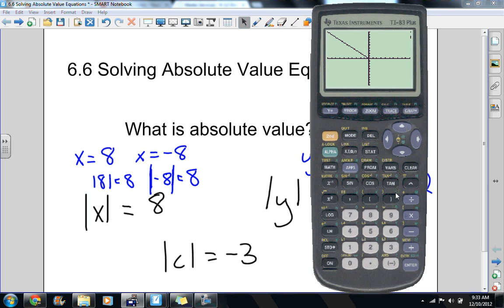This is what an absolute value graph looks like: it's going down, down, down, and it hits 0, and then it pops back up. If we look at a table, we'll get the same type of idea. It gets down to 0, but then it goes back up. Absolute value forces a number to be positive.